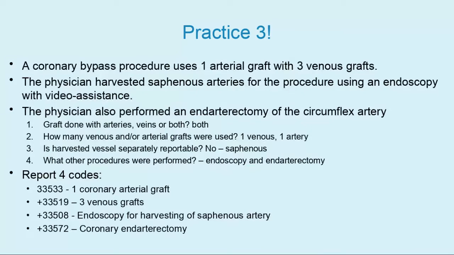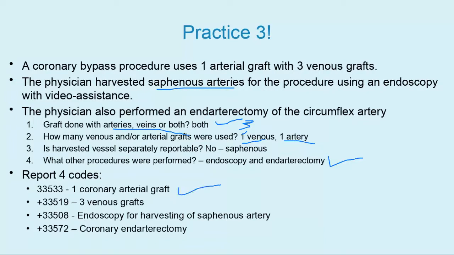So let's answer the questions. Arteries, veins, or both? Answer is both. How many? That should be 3 veins, 1 artery. Is harvesting separately reportable? No. This is a saphenous. What other procedures are performed? Endoscopy and endarterectomy.